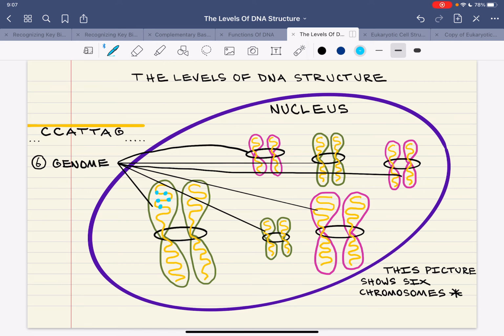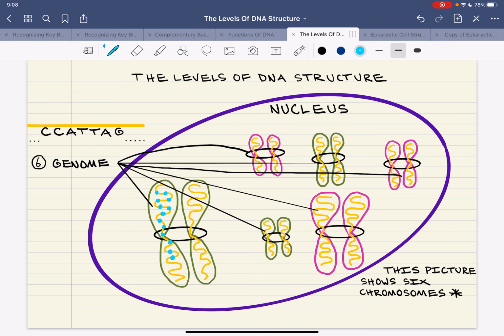And this helps to pack in all of this information into a really tiny space. Right? That's a lot. Meters of information inside a tiny cell. You have to coil it like a spool of yarn and pack it into the nucleus so it fits. We do this by packing our DNA and winding it around proteins called histone proteins.